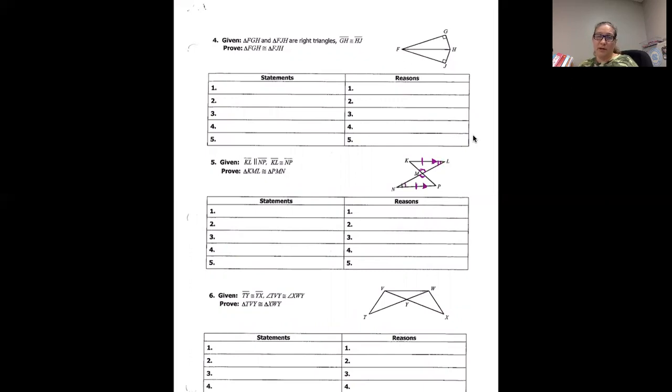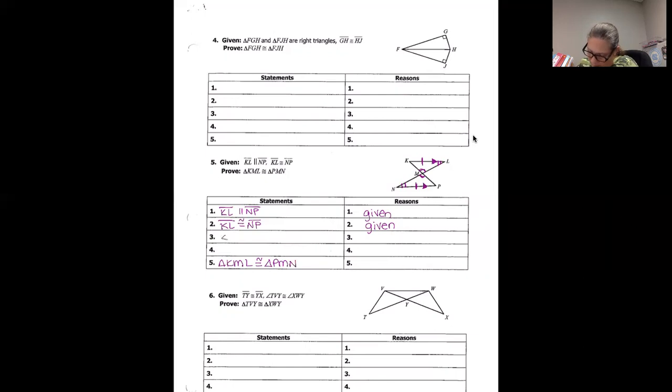So that should help us with our proof. So KL is parallel to NP and KL is congruent to NP are our givens. And triangle KML congruent to triangle PMN is what we're trying to prove.